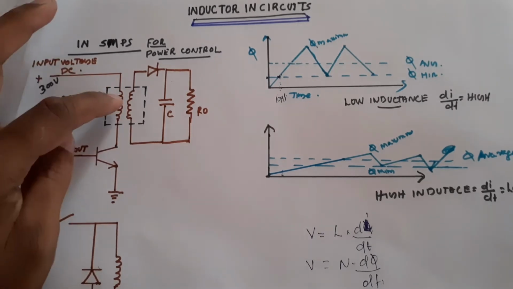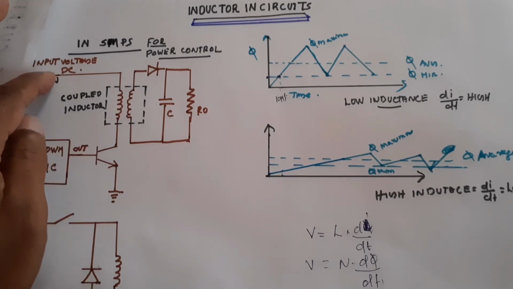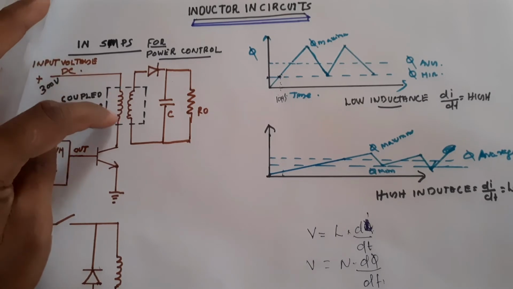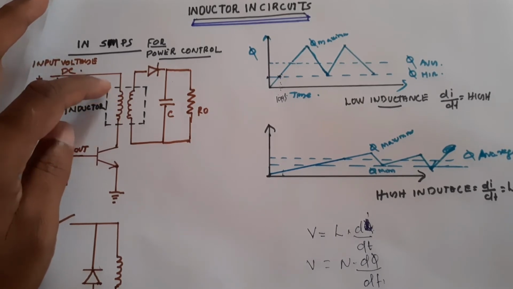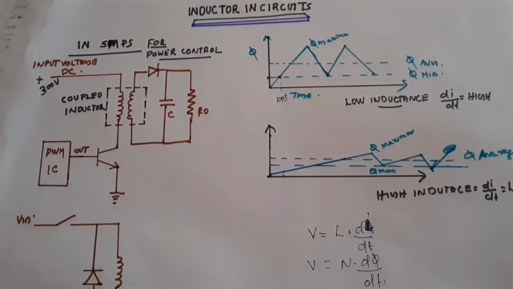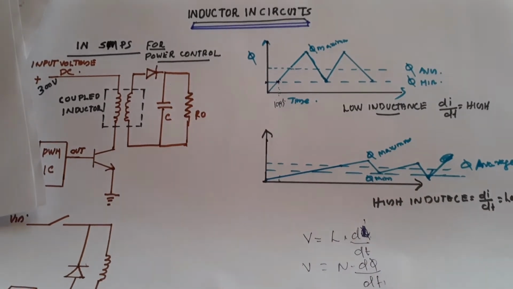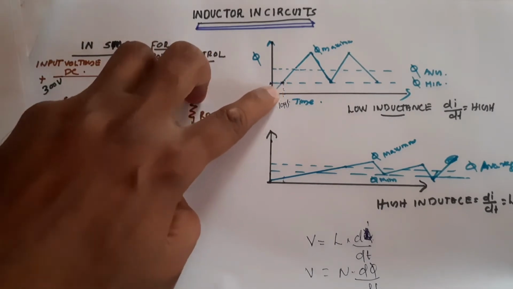Here the current is changing due to this voltage, which is adding more flux, so the inductor has to oppose it. It has to oppose the 300 volt.